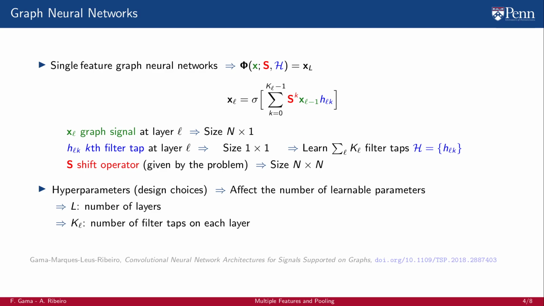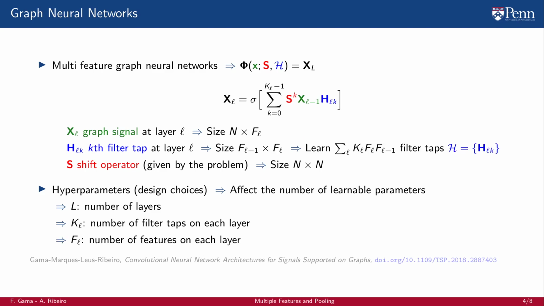When we move to multi-feature signals, what we do is replace the convolution by the new operation we discussed on the previous slide. We see that the multi-feature GNN is virtually the same, except now big X_L is a matrix of size N times F_L, where F_L is the number of features at layer L. H_LK is no longer a scalar but a matrix of size F_{L-1} times F_L that maps the number of features in one layer to the number of features in the next layer.